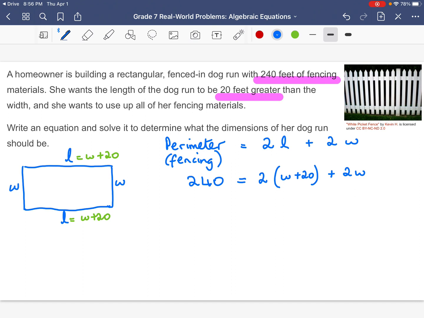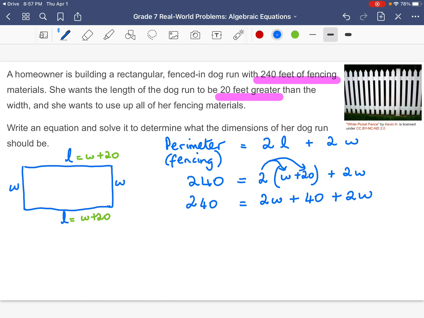All my variables are W's and I have my numbers, so I'm just going to solve this equation. First I need to distribute this 2 over W and 20. So 240 is equal to 2 times W, and 2 times 20 is 40, and I have another 2W for the 2 width.